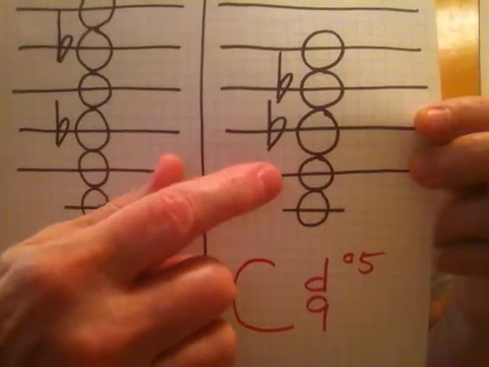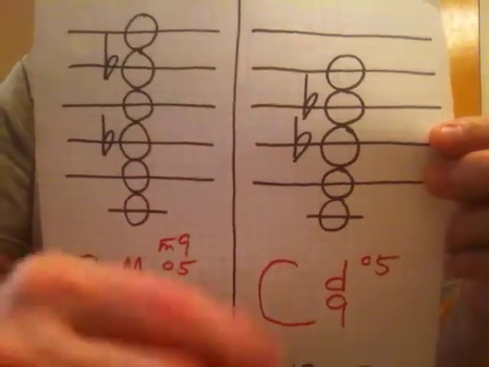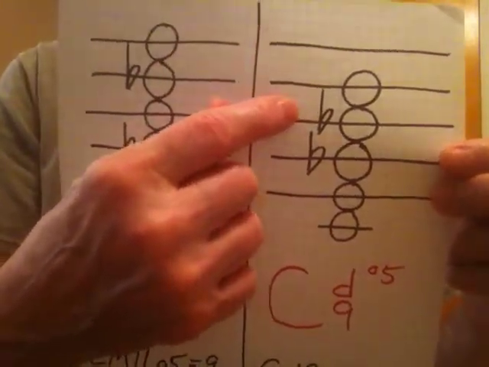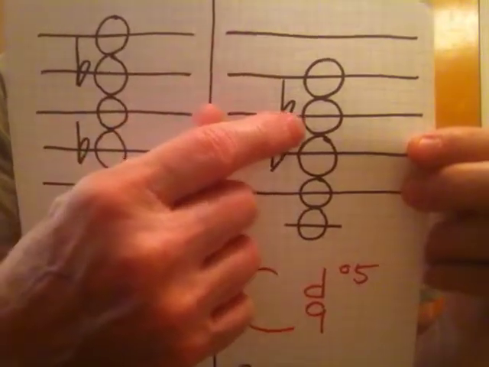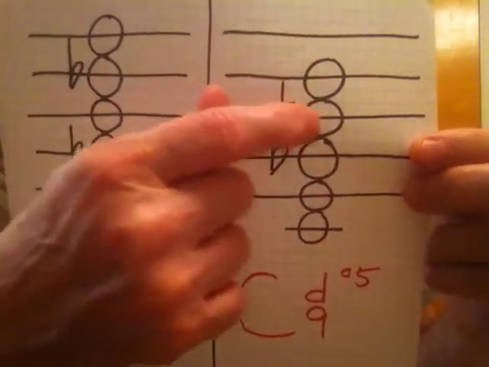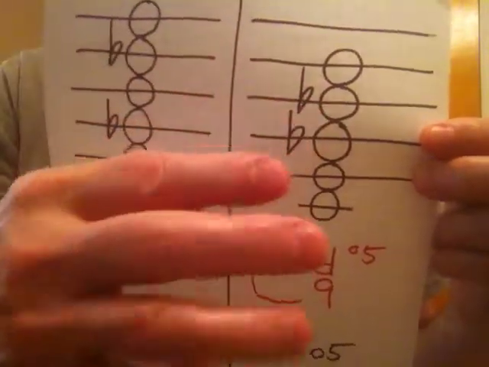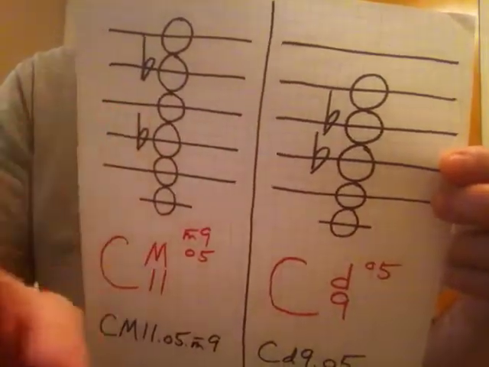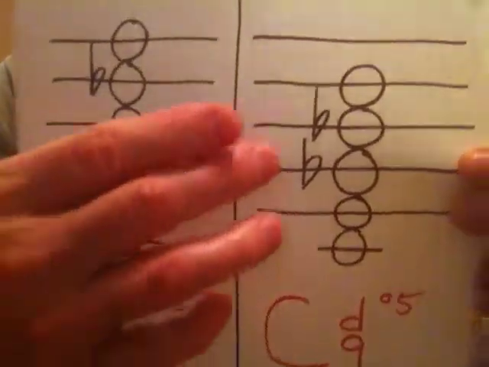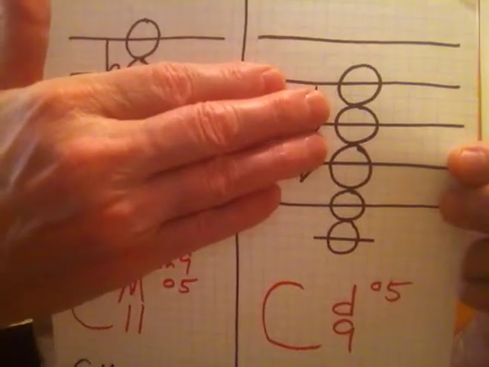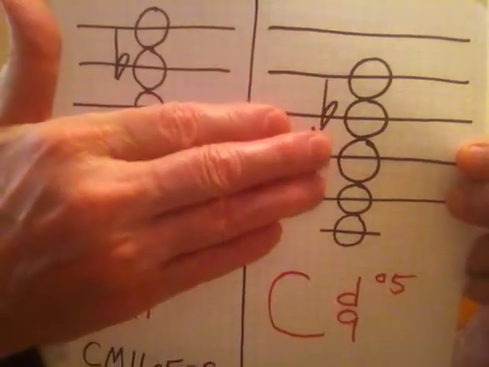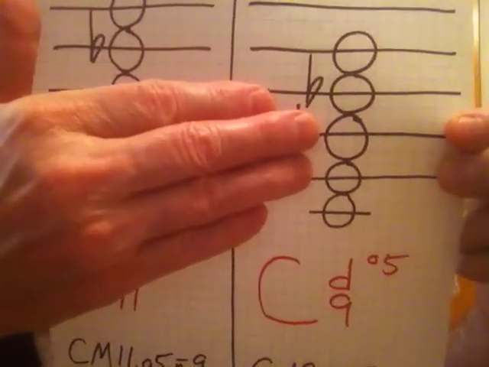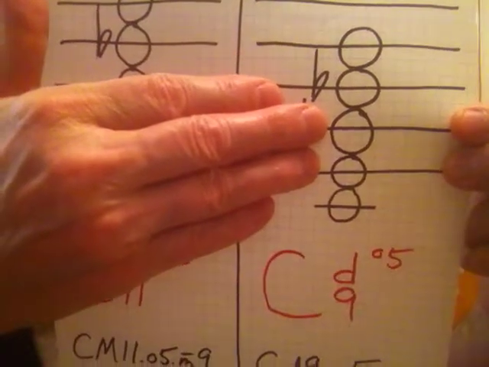There's no minor 3rd here, so you know it's not a diminished chord. And automatically, you see that this 7th is a minor 7th, as a flat sign. So you know that's not a major bass chord. And we know then from study and from learning that this is a C dominant 9 bass chord.